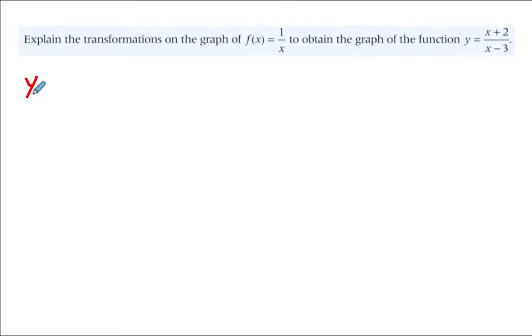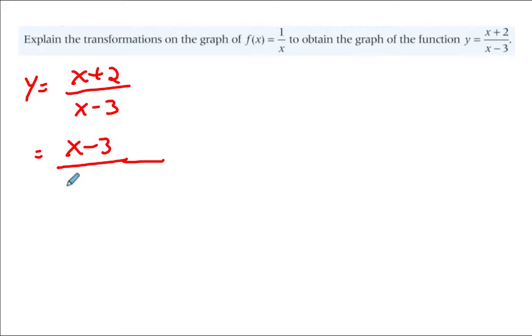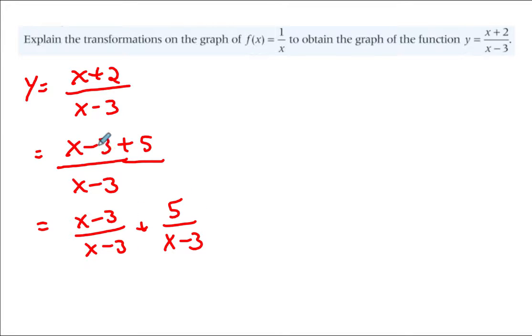Okay, looking at the equation, y equals (x plus 2) divided by (x minus 3). We're going to rewrite this. So first thing you're going to do is rewrite the numerator so that it has the exact denominator in it. So x plus 2 can be rewritten as (x minus 3) plus 5, because that'll simplify down to x plus 2. Now we're going to divide up our rational function into 2 separate fractions.